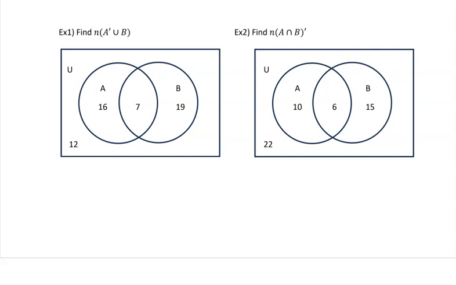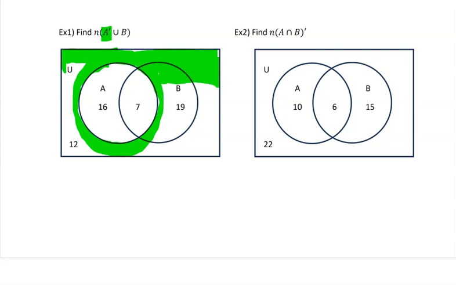All right, A complement union B. Okay, so again, we do have a union, so I'm just going to use one color. But this time we have A complement. So I'm going to start off by highlighting everything that's on the outside of A. That's A complement, everything that is not in A. So everything outside of it.